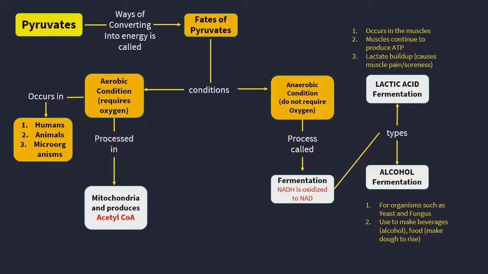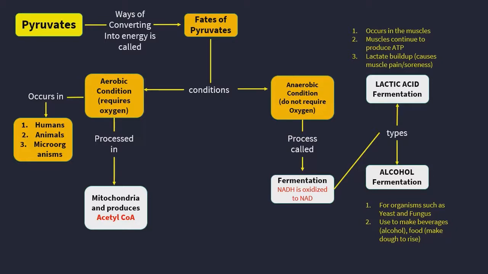Because of this, they are very useful in the beverage industry, and also in foods like the baking of bread, cake, or pastry. This type of fermentation will also help to rise the dough. So they are very useful in our day-to-day life.